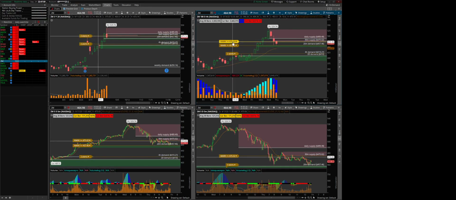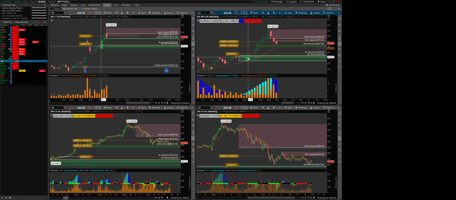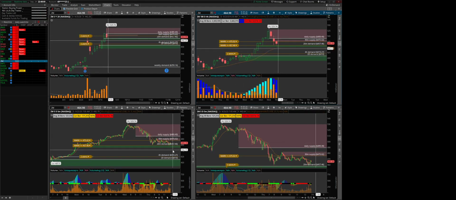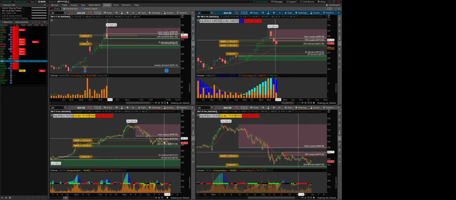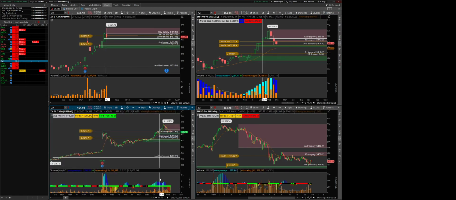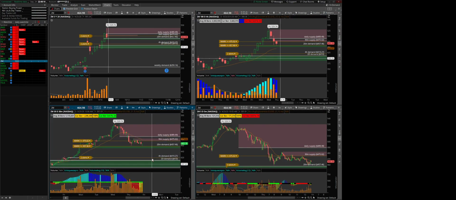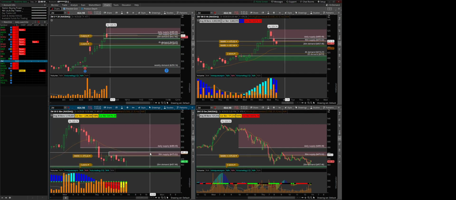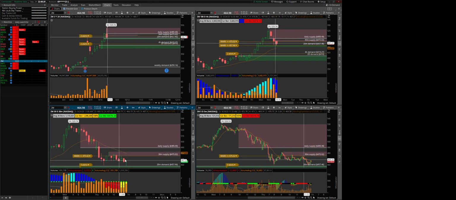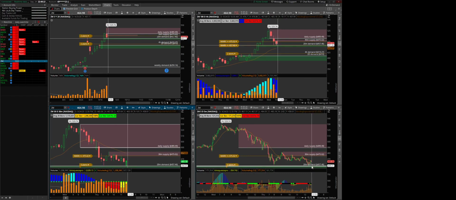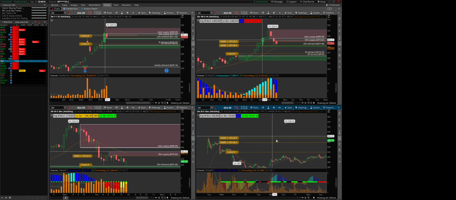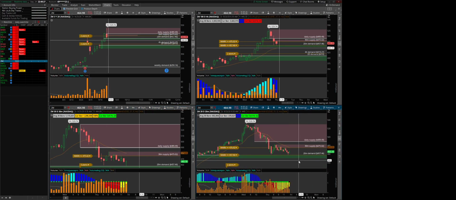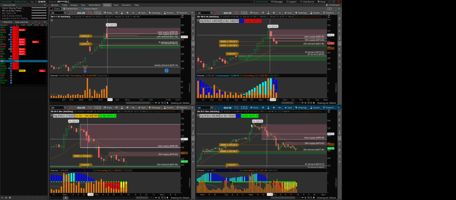It looks pretty messy right now because of the alerts, but set your alerts after you post your charts. And then right here we have the 30-minute supply. Zoom in so we can see the supply here. And then we got the 20-minute demand. Just like that.